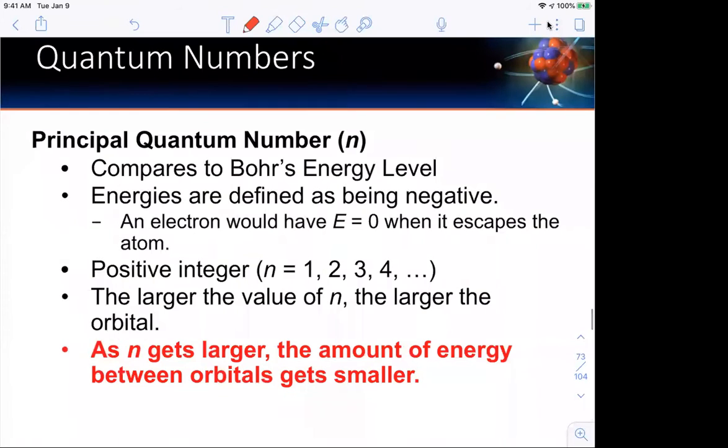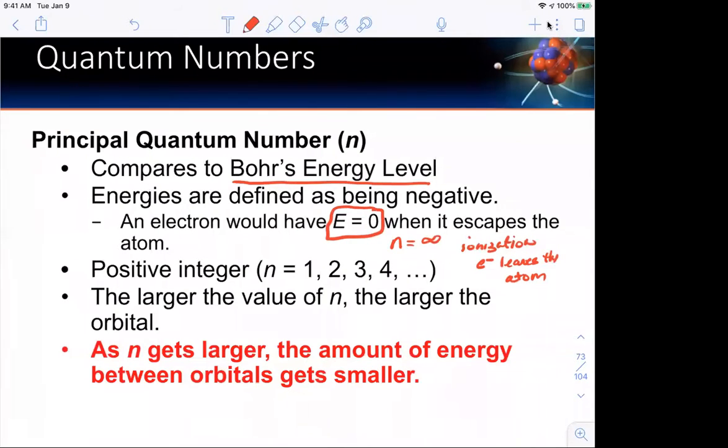Again, this is going to compare to my Bohr energy levels. And remember, my energies are defined as being negative. When E equals 0, or when n equals infinity, that would be called ionization, which is when the electron actually leaves the atom.